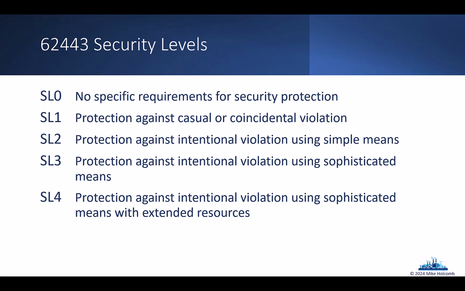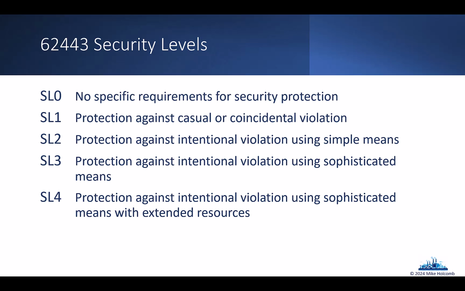So you can see with these security levels, security level 0 all the way to security level 4. Security level 0 means there is no security. We don't have any requirements for security. That shouldn't exist, but it could be an option. With security level 4, you can see protection against intentional violation using sophisticated means with extended resources.